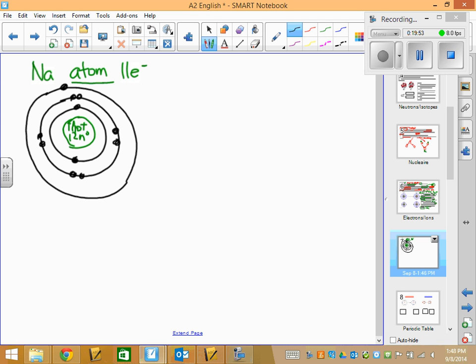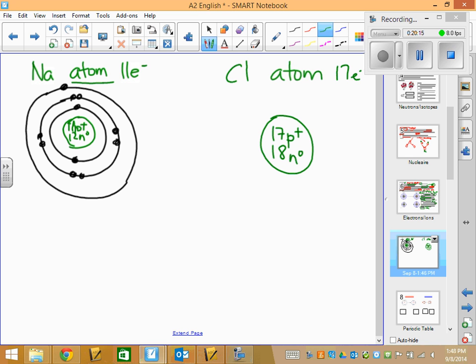Now, if I were to draw an atom of chlorine, I would use my periodic table, or I would remember from the daily review that chlorine is number 17. So it should have 17 electrons, and in the nucleus, 17 protons and 18 neutrons. It would have 18 neutrons because I would do mass minus number of protons, just like we did on the daily review.